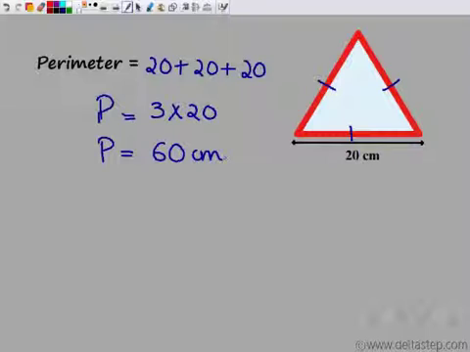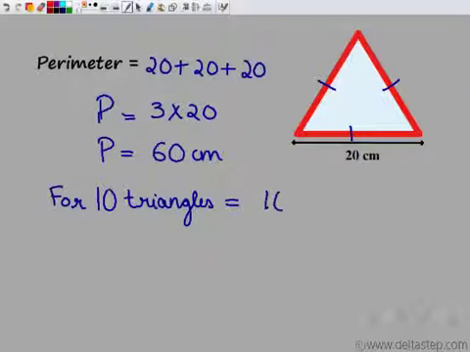How many triangles does he have to make? 10 of these. So for 10 triangles, he would need 10 times 60, that is 600 centimeters of tape. So this is how we find the perimeter.